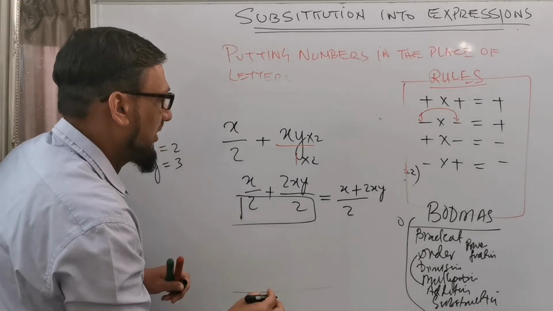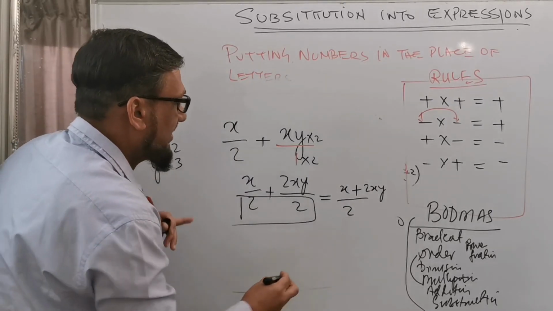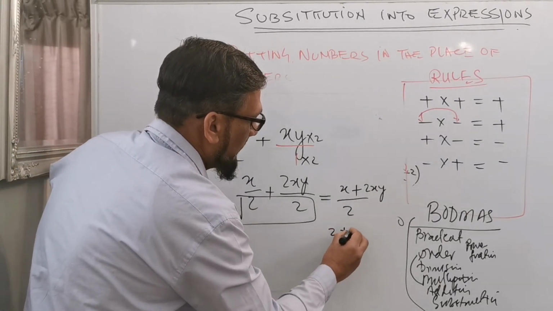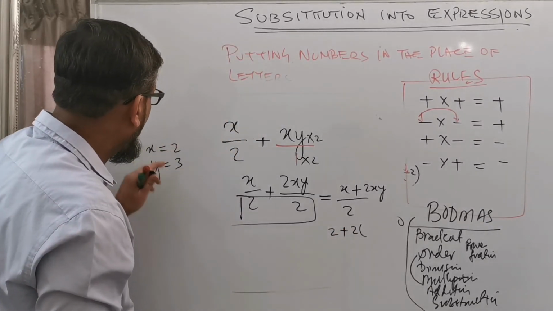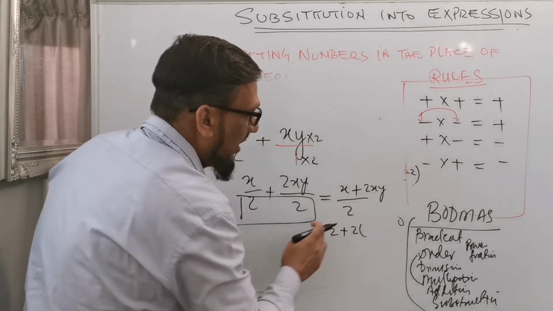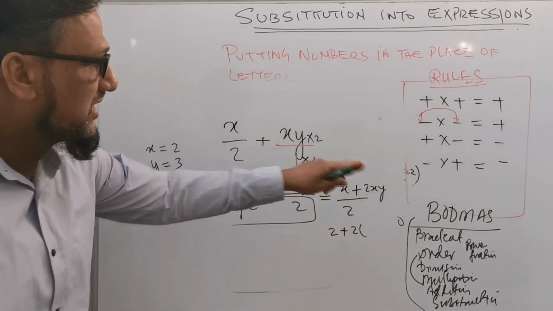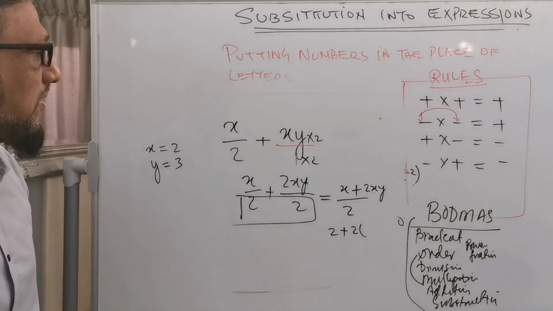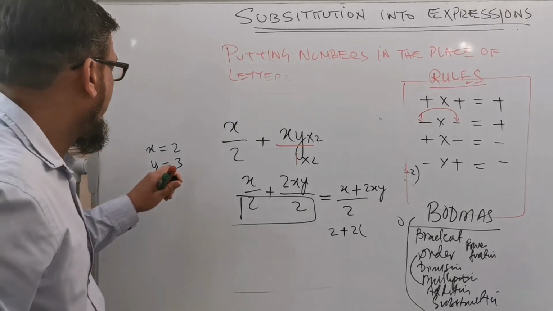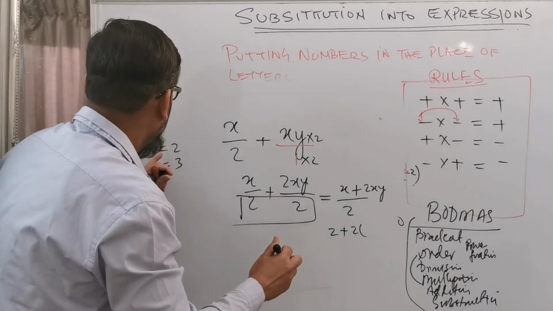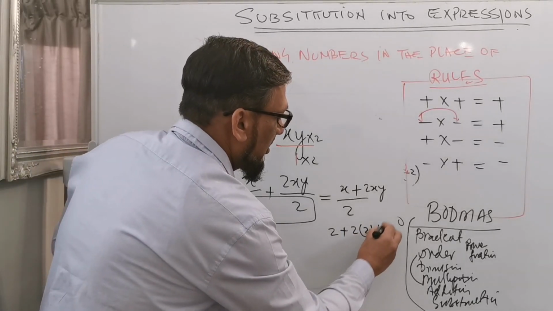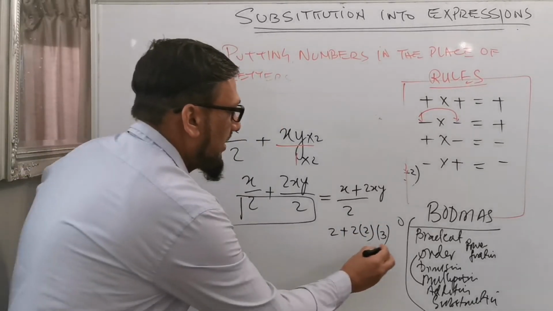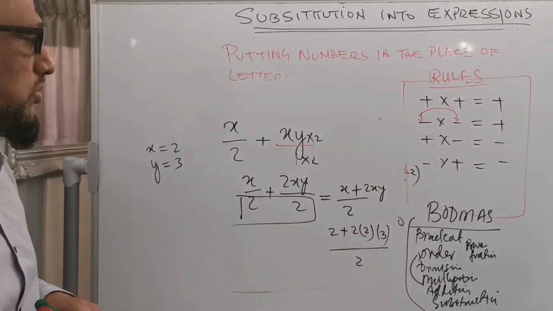So the value of x is 2, and 2 times x and y, where xy means x times y. So x is 2 and y is 3, divided by 2.